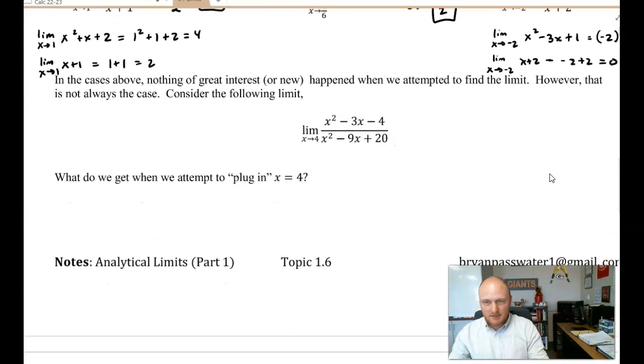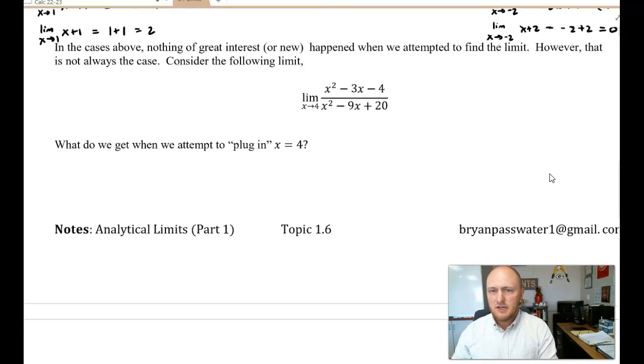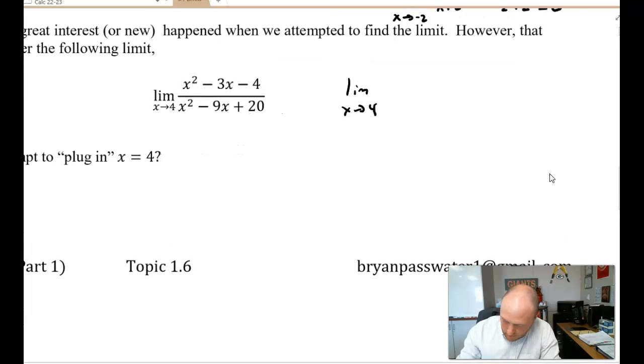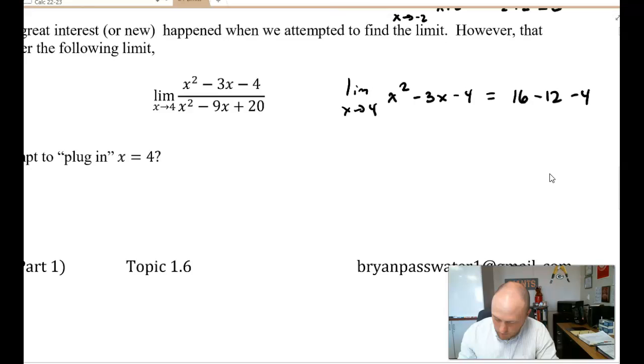Now let's talk about some weird situations. In the cases above, nothing of great interest or new happened when we attempted to find the limit. However, that's not always the case. Consider the following limit: the limit of the rational function x squared minus 3x minus 4 over x squared minus 9x plus 20 as x approaches 4. If I calculate the limit of the numerator as x approaches 4, x squared minus 3x minus 4, and plug in 4, we get 16 minus 12 minus 4, which is 0.